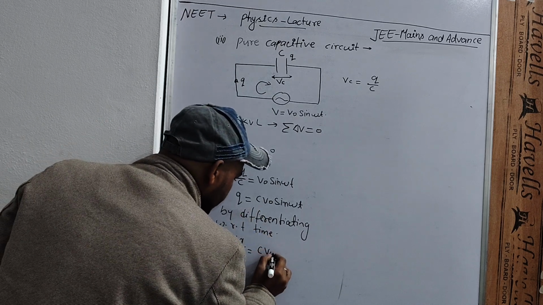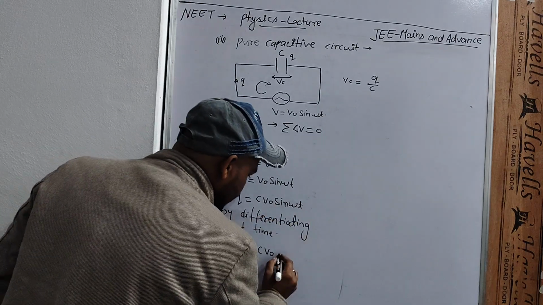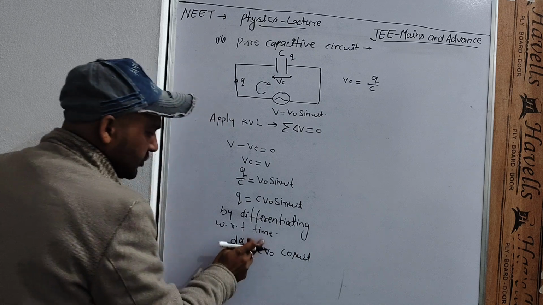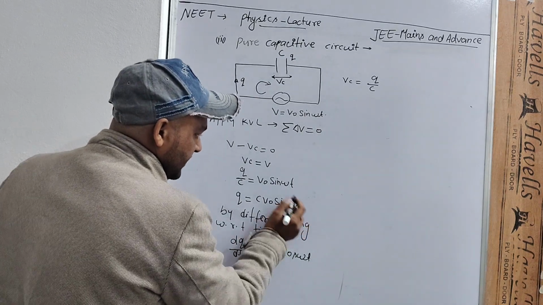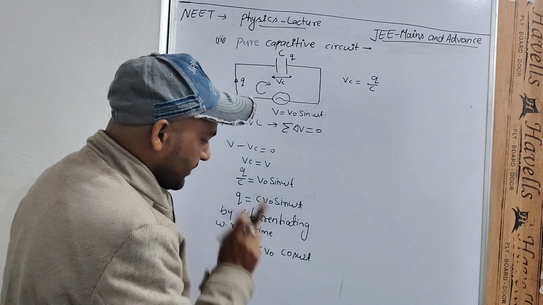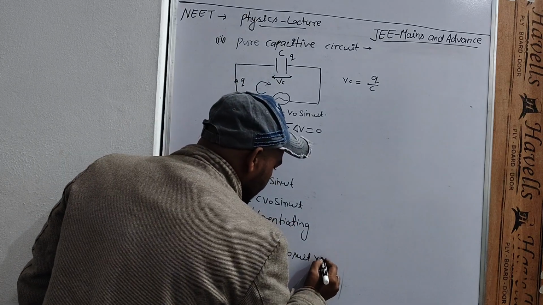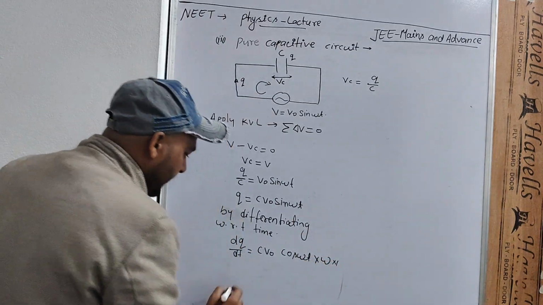CV naught will become constant, and we differentiate this sine omega t function and convert it into cos omega t. Because we differentiate it with respect to time, we assume the omega t as a time. Then we further differentiate the term omega t. Now we get omega, and the value of t becomes 1.